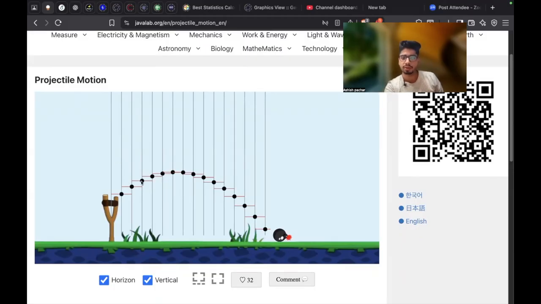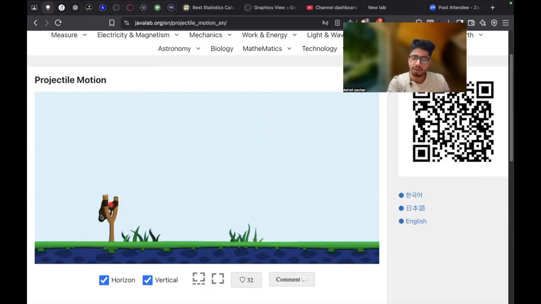If you look at the red bars, they simply indicate that the horizontal component of the velocity is not changing. As time passes, it travels the same horizontal distance or displacement. So this is the basic idea.